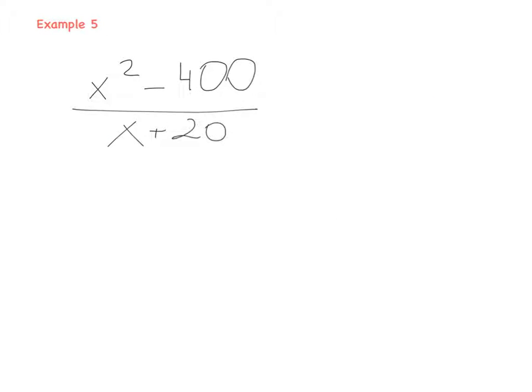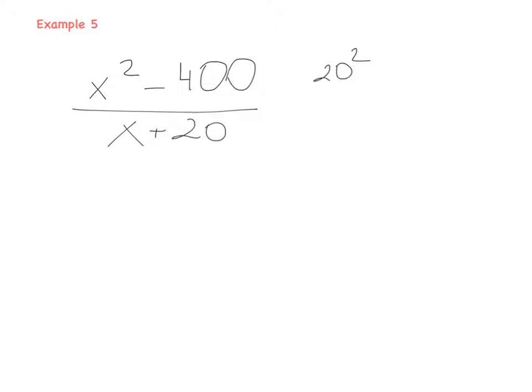And the last example in here, so we have x squared minus 400 over x plus 20. How to simplify the top line? What you can notice, we have a square in here, minus in the middle, and we can write down 400 as 20 to the power of 2, so we actually now have 2 squares and minus in the middle. So that's the difference of 2 squares.